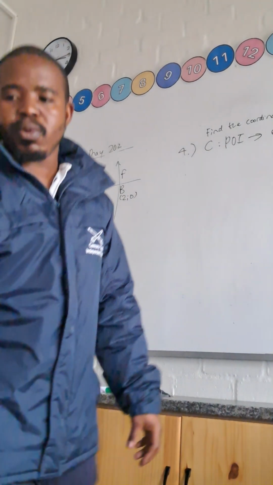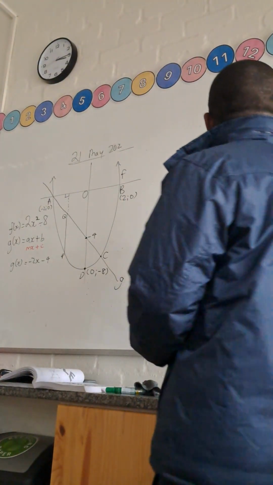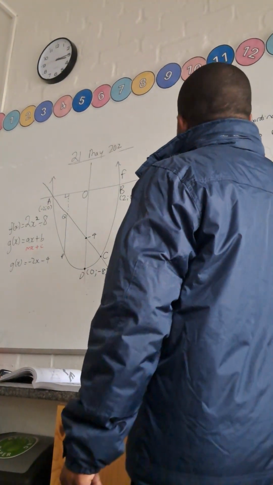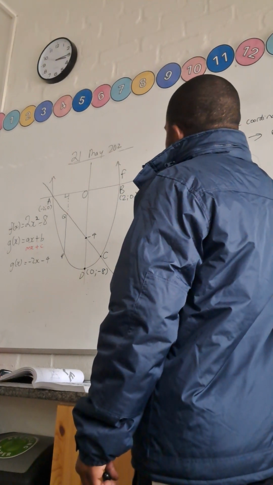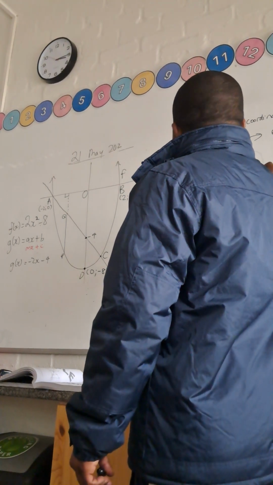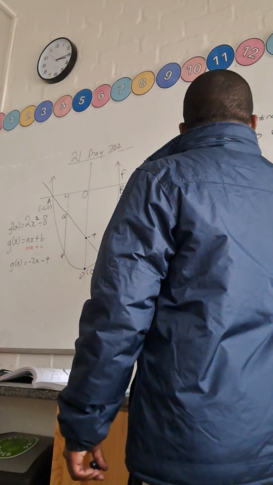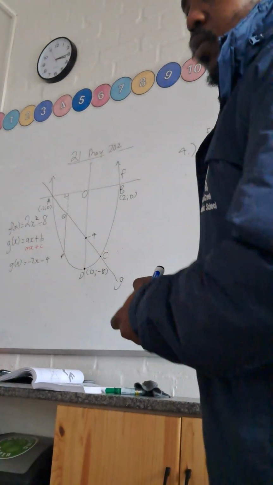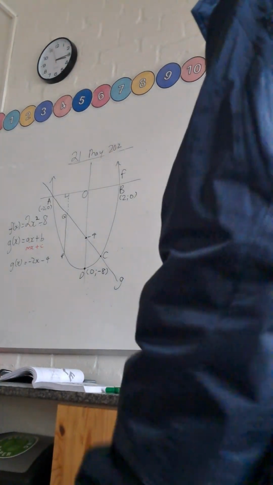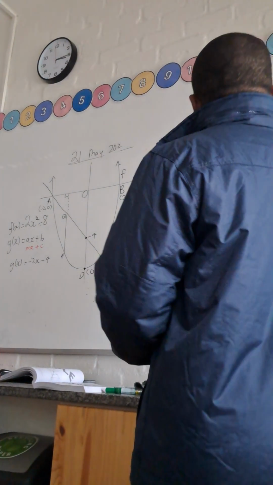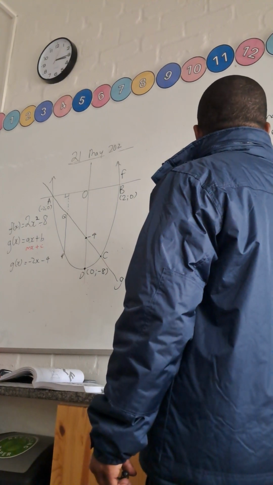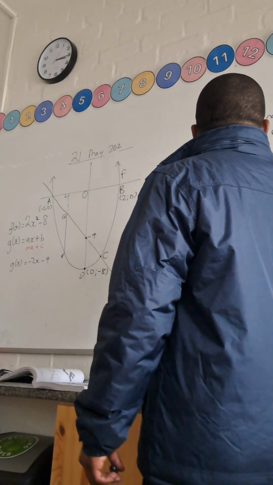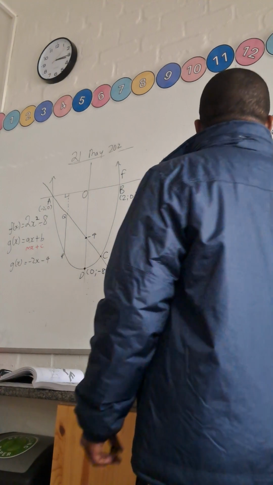You're going to get a trinomial now. So you make the one equal to the other: 2x squared minus 8 is equal to minus 2x minus 4. We're going to get a trinomial here. It's coming at a very high speed, we can't run away from it.